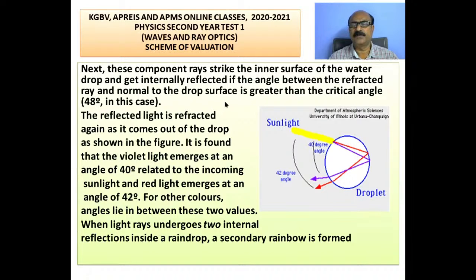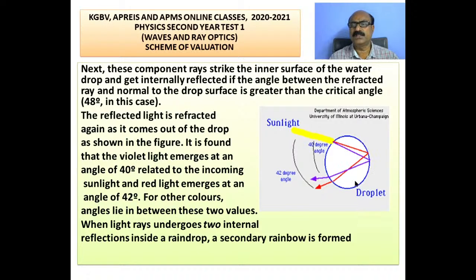So you consider for water the critical angle is 48 degrees. If you draw a normal here to the surface of the water drop, then the refracted angle, which is considered as the angle of incidence, is more than the critical angle. What happens? This undergoes reflection.